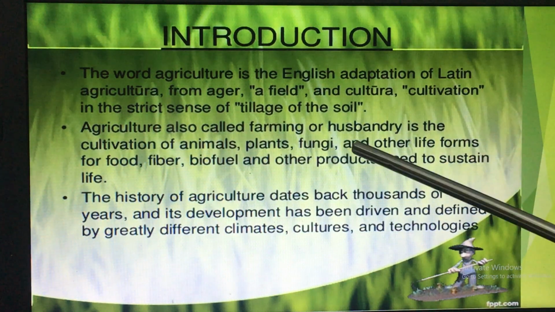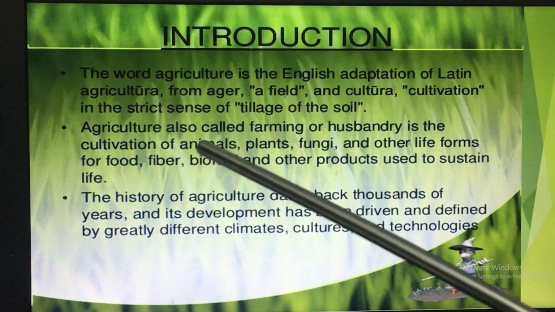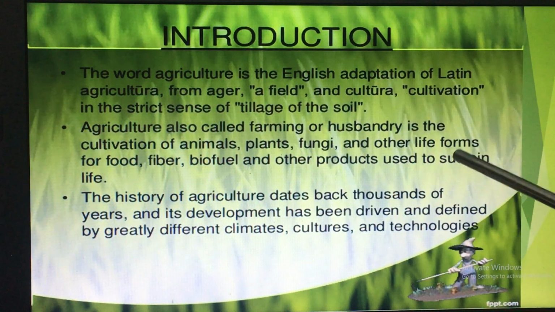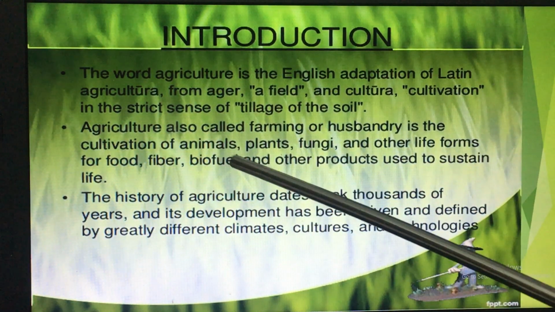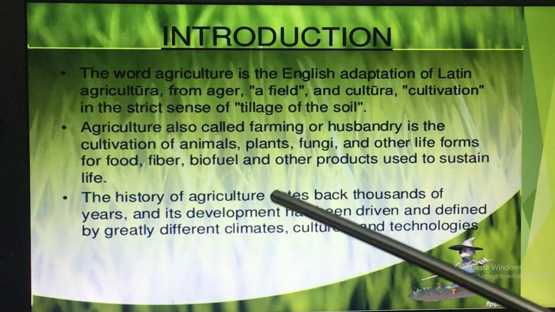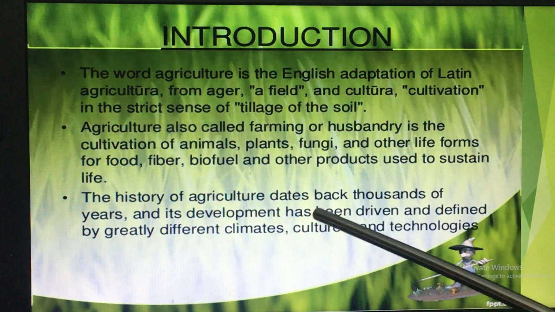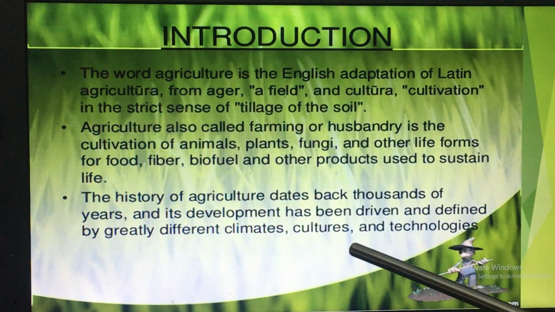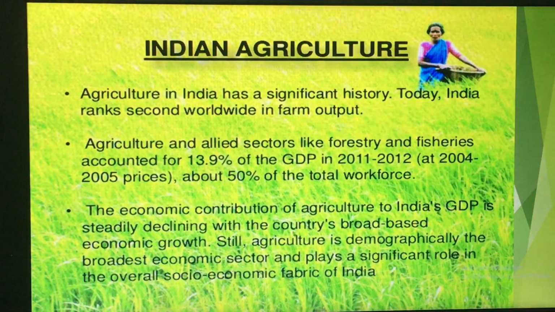It also includes the cultivation of animals, fungi, and other life forms for food, fiber, biofuel, and other products used to sustain life. The history of agriculture dates back thousands of years, and its development has been driven and defined by greatly different climates, cultures, and technologies.